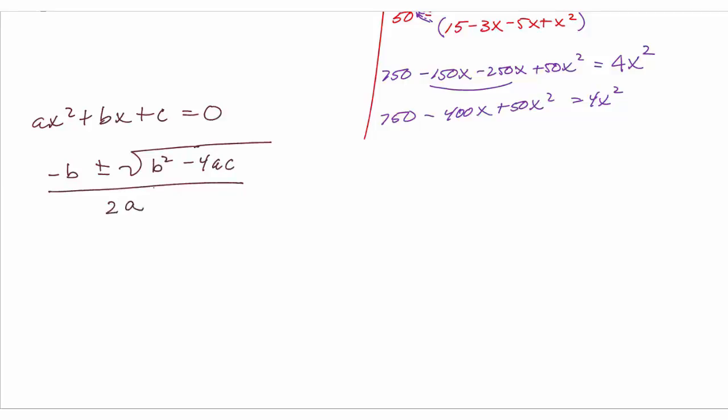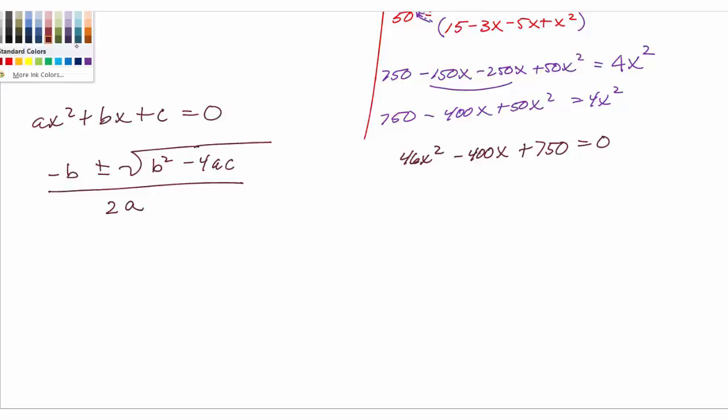So I need to get my a's, b's, and c's. So let's bring the 4x squared over to the other side, and I'll have 46x squared minus 400x plus 750 equals 0. Now you can divide through by 46 or just use these numbers.